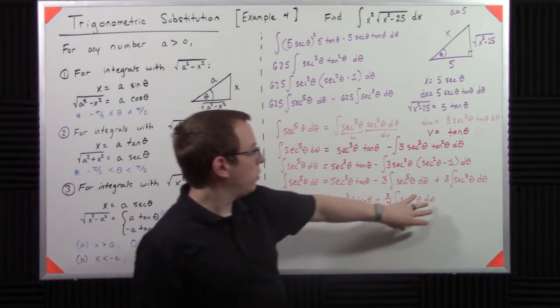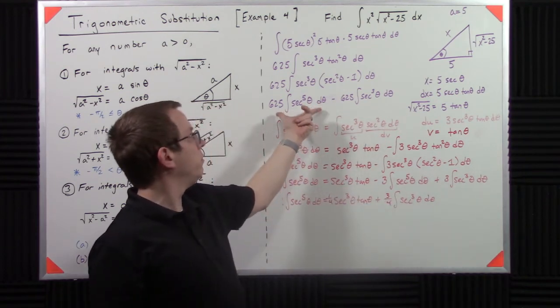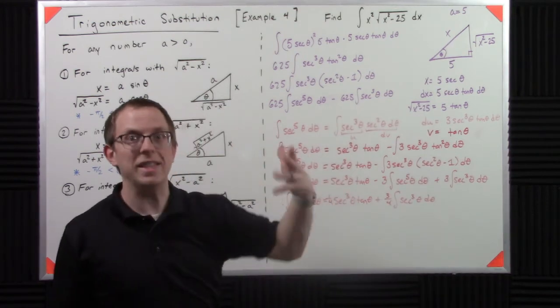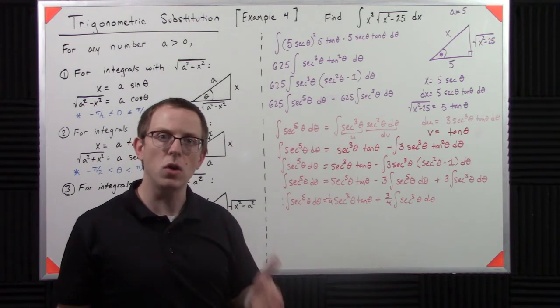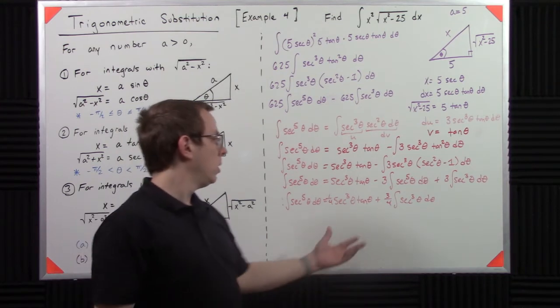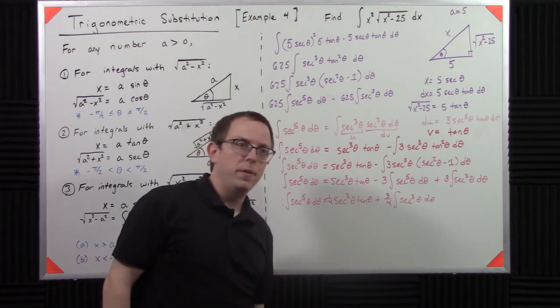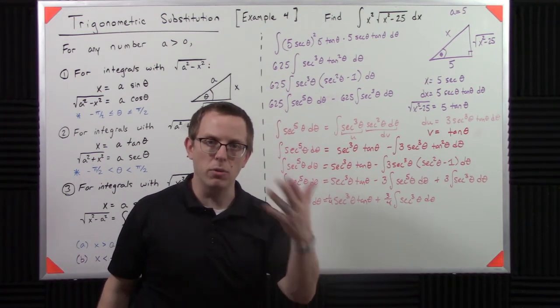But those pieces, this secant cubed which is part of just this piece alone, and then this secant cubed which is a separate piece, all go together. Now when they're finally solved, let's take a look at just this piece here, because there's a bunch there that I can't give you right now because I don't have it.